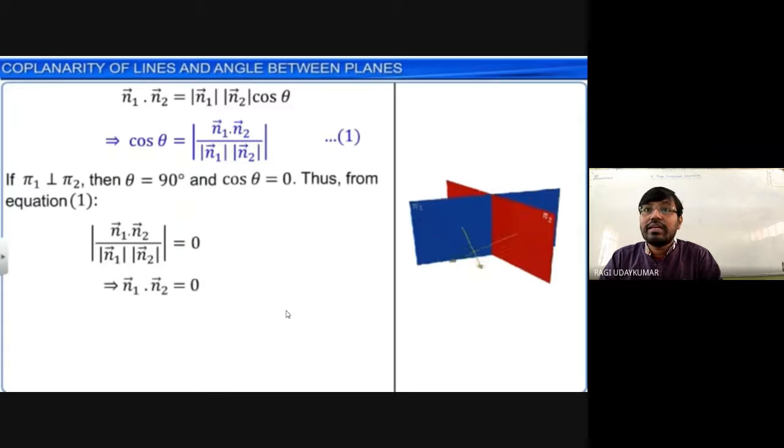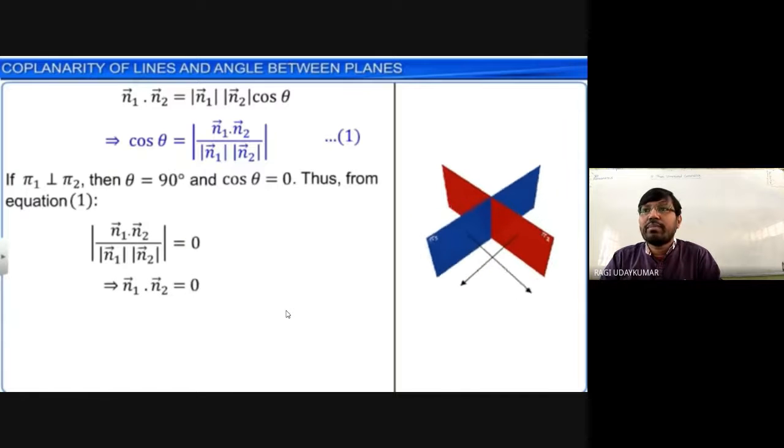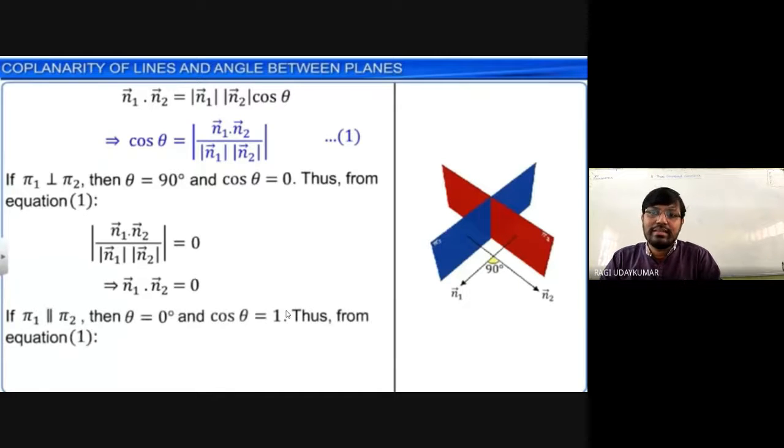If the two planes are perpendicular to each other, then the normals are also perpendicular to each other. Therefore, n1 dot n2 is equals to 0. So, the normals, whatever it is given to you for the plane, means if the plane equation can be given to you, ax plus by plus cz is equals to d दे सकते हैं.